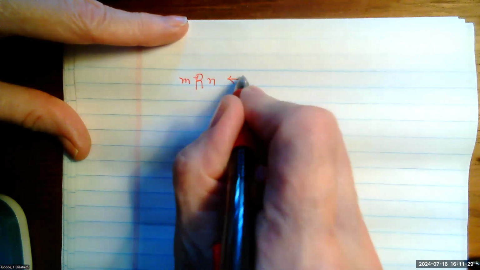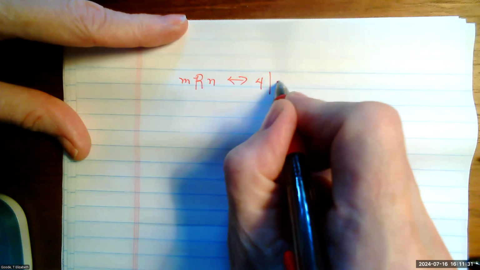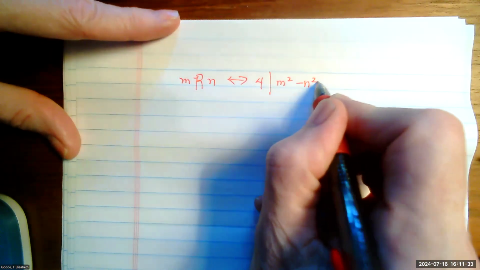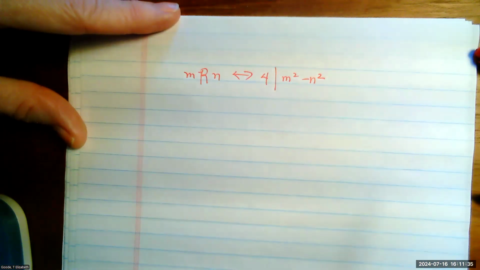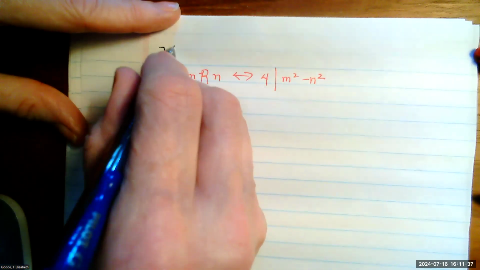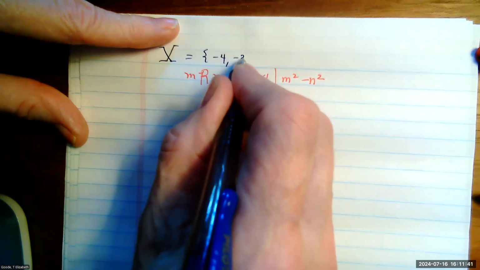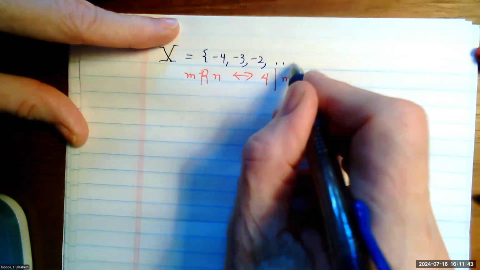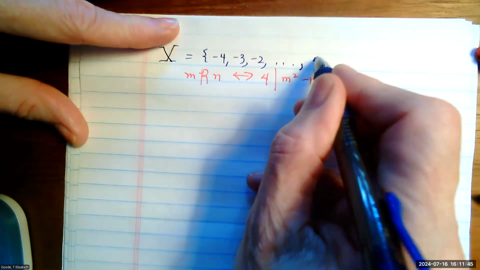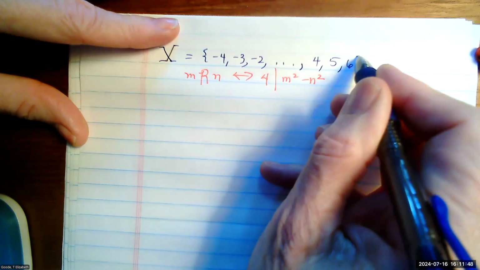So M is R to N if and only if 4 divides M squared minus N squared. And that was where we have this big set X, where it's -4, -3, -2, dot, dot, dot, to 4, 5, 6. I made this big enough.